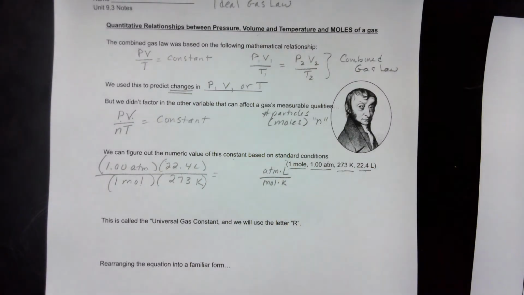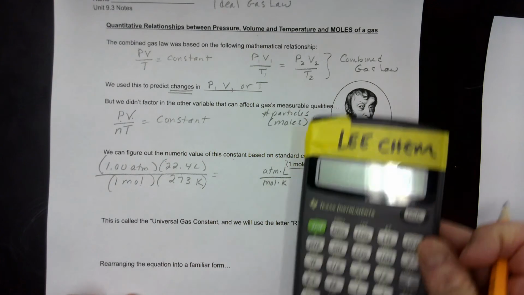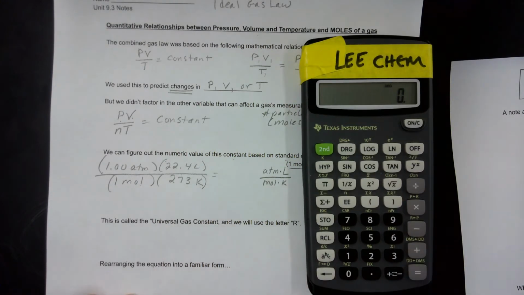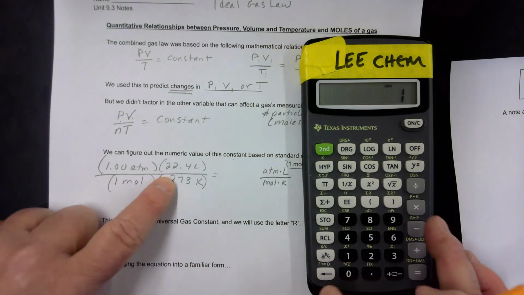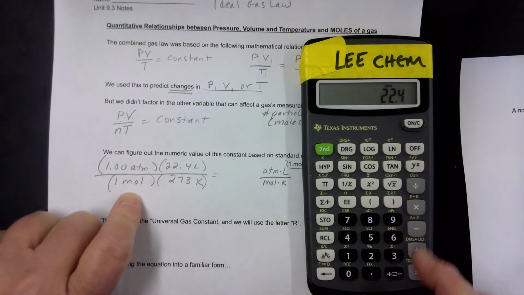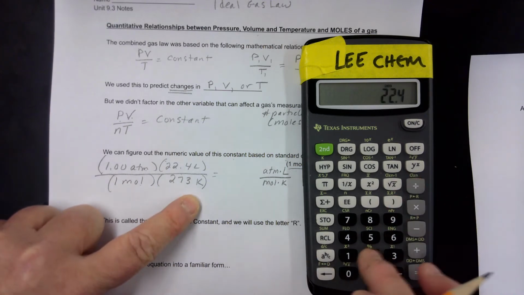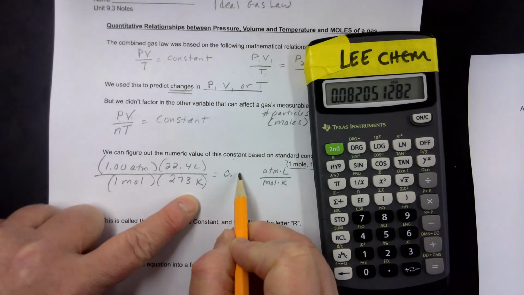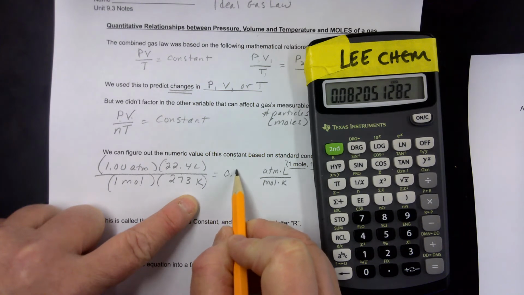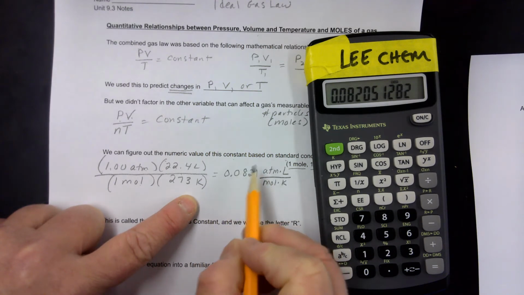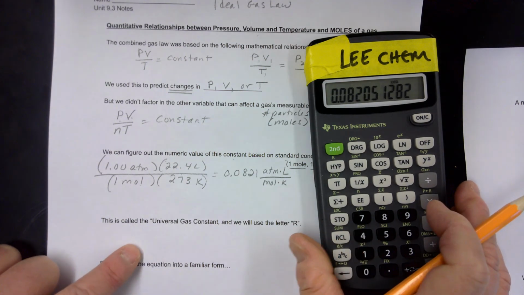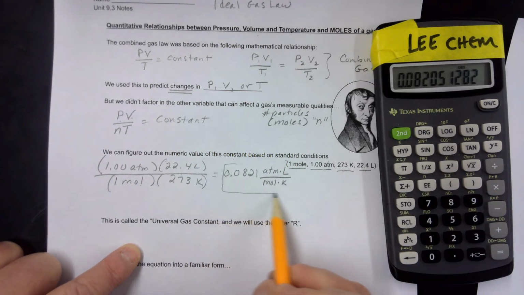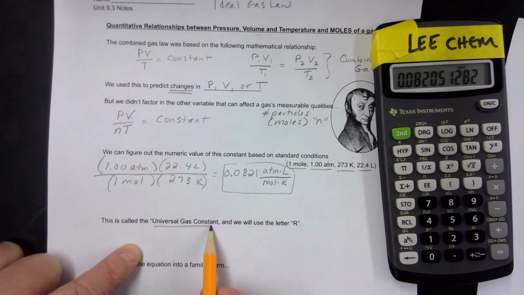That whole unit is the unit. All right, so now let's figure out what the value of this constant actually is. We're going to put it into the calculator. So of course 1 times 22.4 divided by 1 divided by 273. And we get the value 0.0821, to 3 significant figures. So this constant is called the universal gas constant.